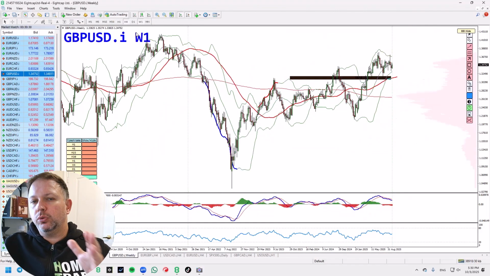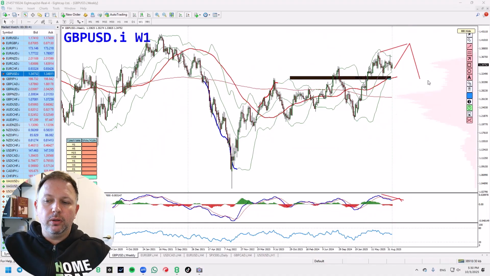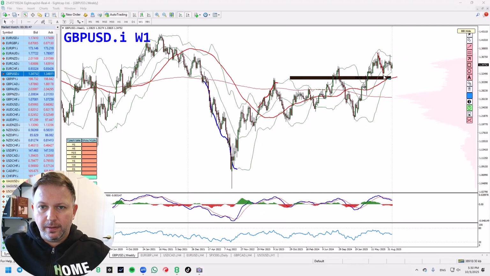So similar to the euro, I don't think the rally is over for the longer run. I still believe that this is due. The only question is either from here or from a scenario like that, which is more likely technically speaking.